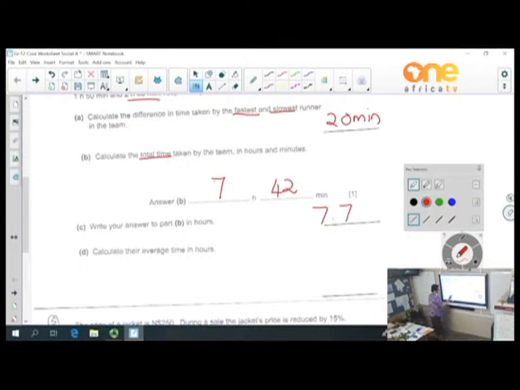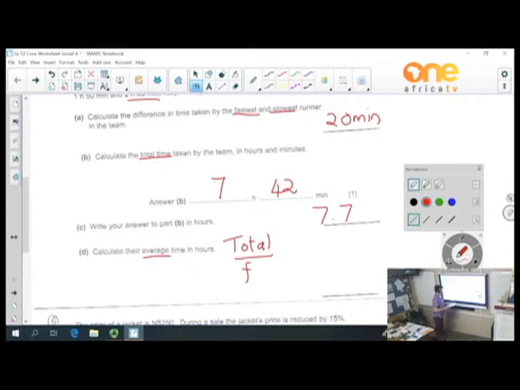And now they say the average time. So what is average? Total divided by frequency. So that means we're going to add all, here we have it already, the time, and we divide it by the 4 athletes.